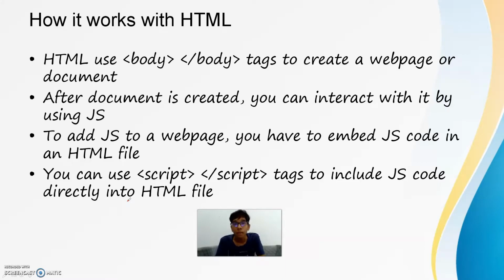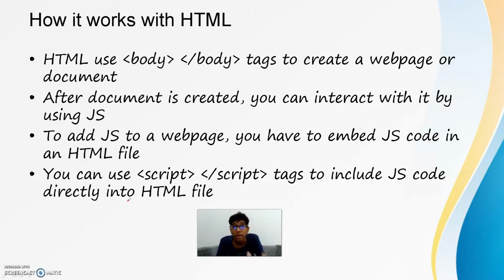So how does JavaScript work with HTML? HTML uses the body tag to create a web page or document. Body tags are used to show the content of a web page or document. After the document has been created, you can interact with it using JavaScript.